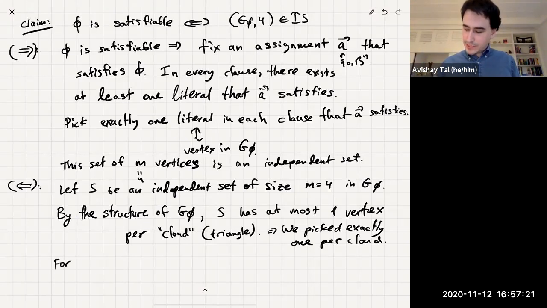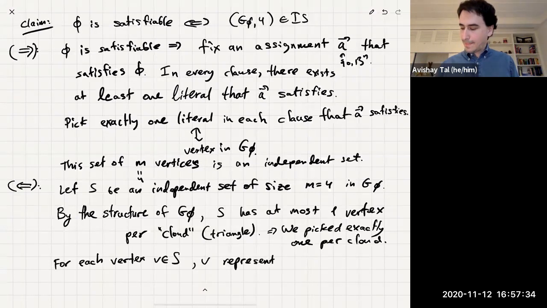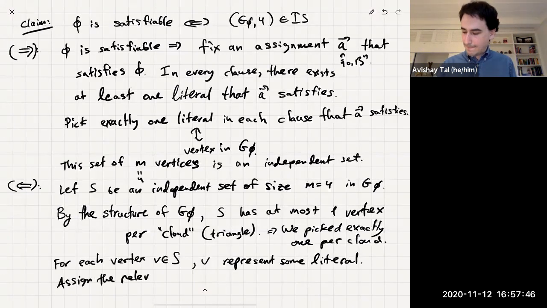So for each vertex V, I have some label of this vertex. It represents some literal. What I'm going to do is assign the relevant variable to satisfy the literal.